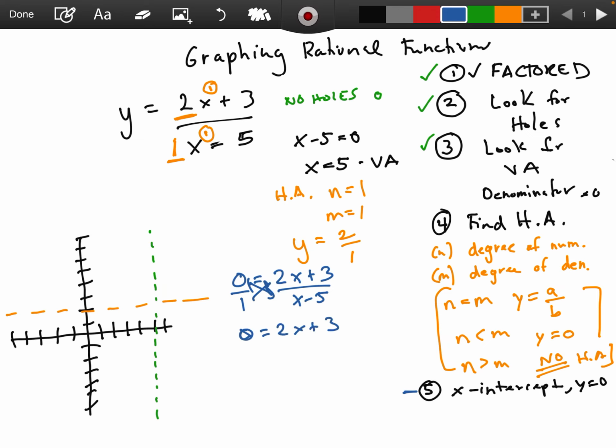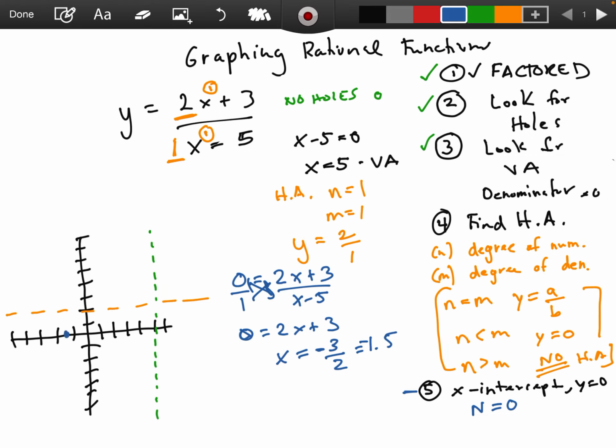So we can see it's always going to work out that finding the x-intercept is when the numerator equals 0. So x is going to equal, subtract 3 from both sides, divide by 2, negative 3/2, which is about negative 1.5. So I know that this is going to cross the x-axis here.